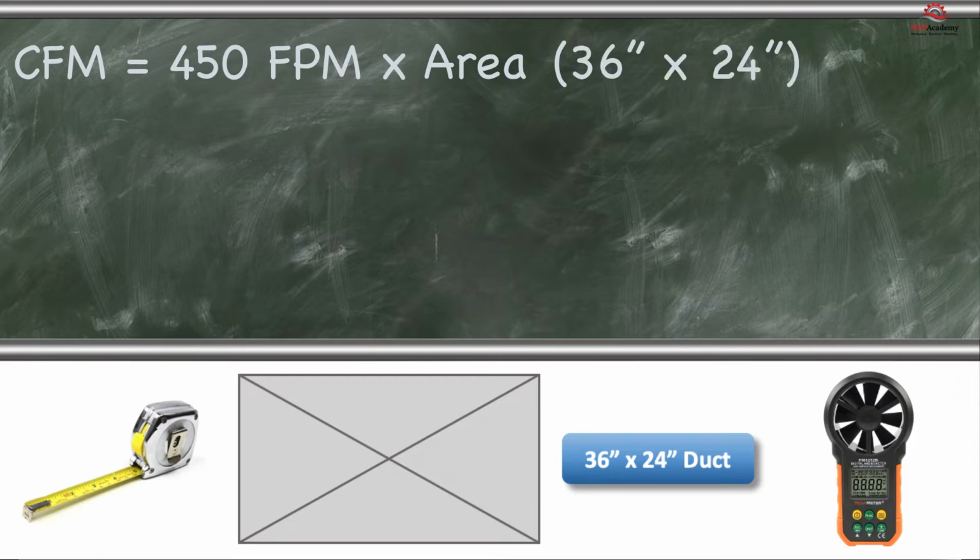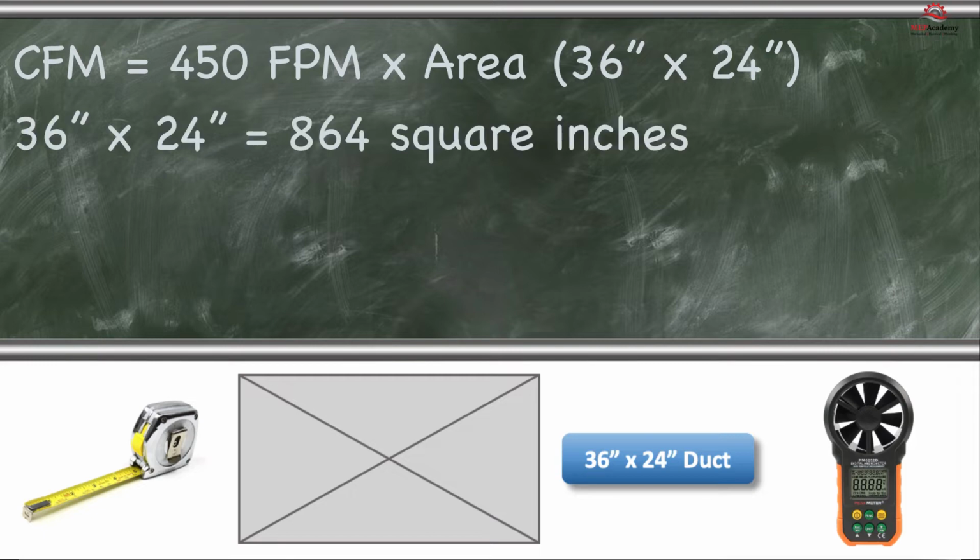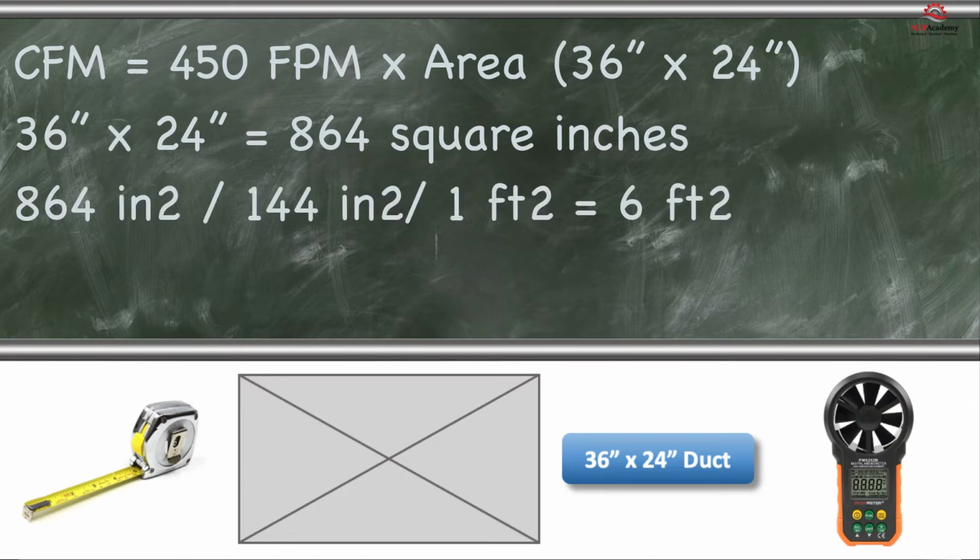We'll need to convert our duct dimensions in inches into square feet because we are looking to arrive at cubic feet per minute. 36 inch by 24 inch equals 864 square inches. 864 square inches divided by 144 square inches per square foot gives us 6 square feet.